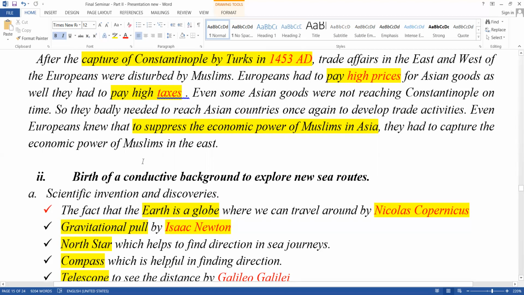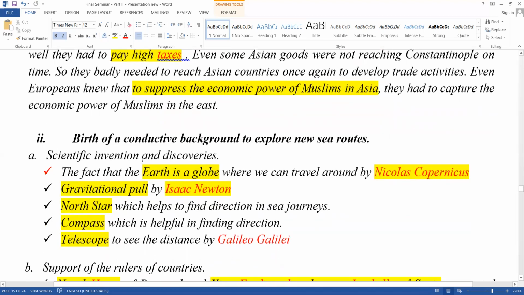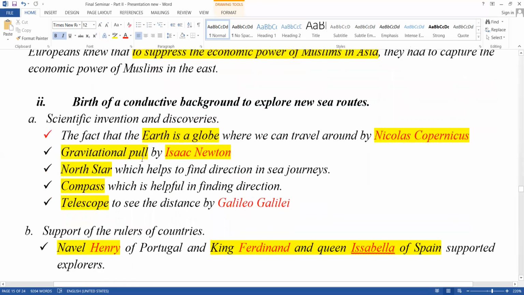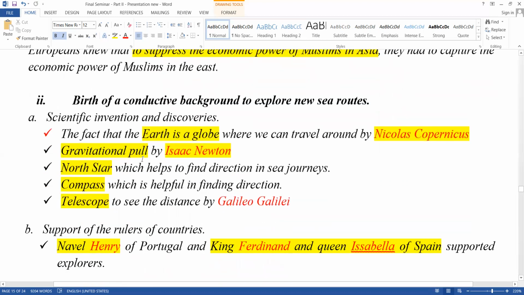But when you use three lenses in it, you can once again get an upright image, so it could be used in these sea journeys. And some rulers supported these sea voyages. Henry the Navigator, the Portuguese ruler, King Ferdinand and Queen Isabella, the Spanish rulers, helped explorers.